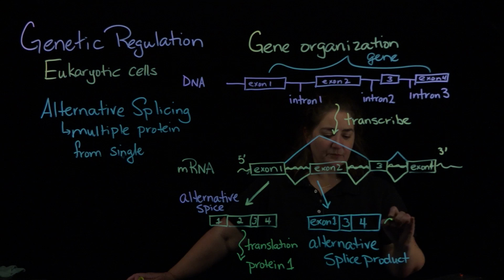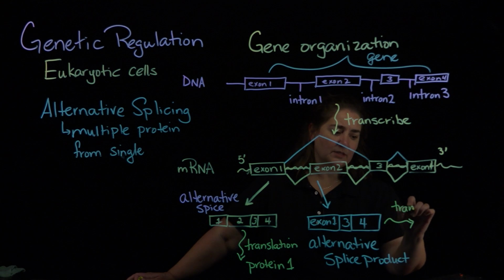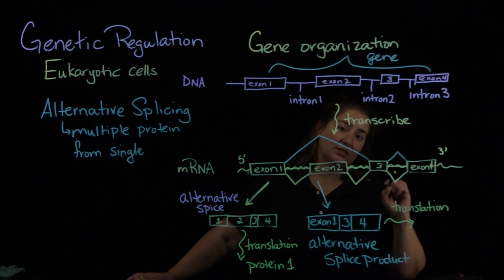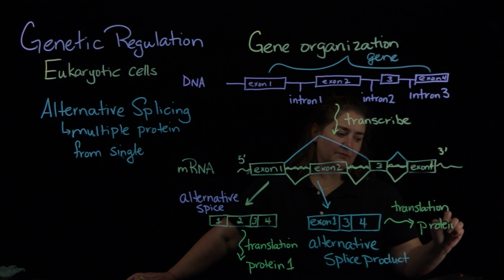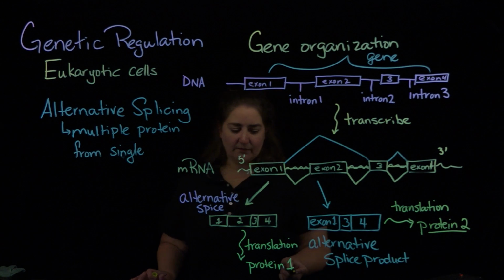Our alternative splice product is also going to undergo the process of translation. So it's going to take that RNA information and convert it into protein, but it's going to give us a different protein. And we'll call that protein 2, just generically, all right?